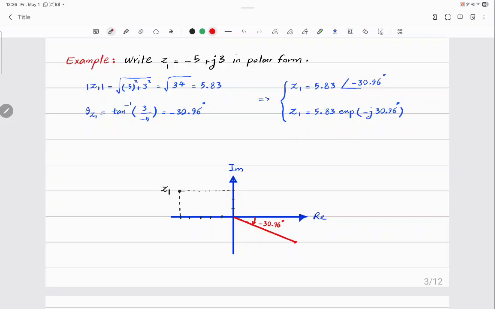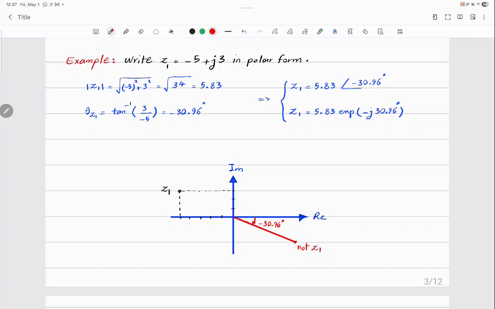They should be the same point when I say exactly the same representation. Is this the point that you were supposed to write the polar form for? No, it's not. So what should I call this? Not Z1. What went wrong? Why?